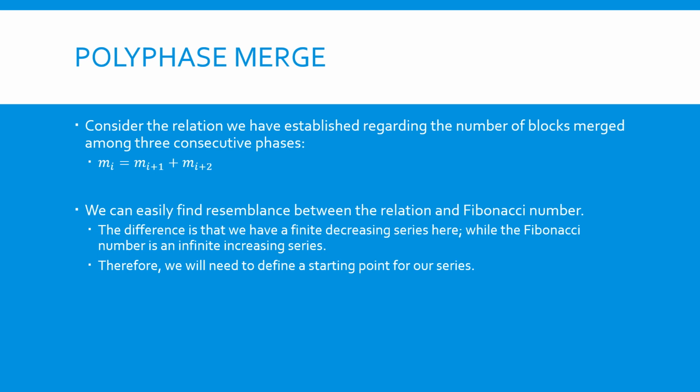Consider the relation. It quickly reminds us of the Fibonacci series. The only difference is that the Fibonacci series is an infinite increasing series, while we are dealing with a finite decreasing series here. It means that we need to find a proper starting point for our series, but otherwise, it is identical to the Fibonacci series.